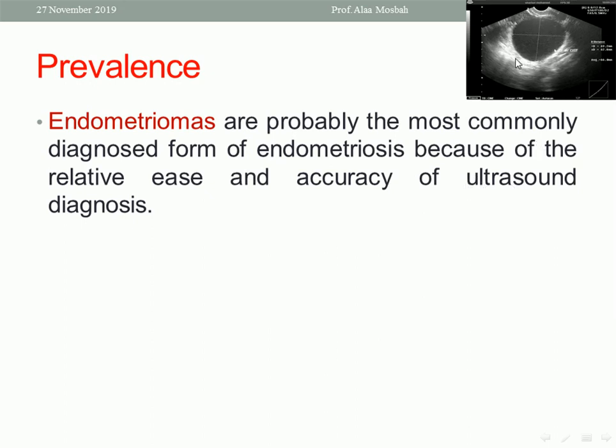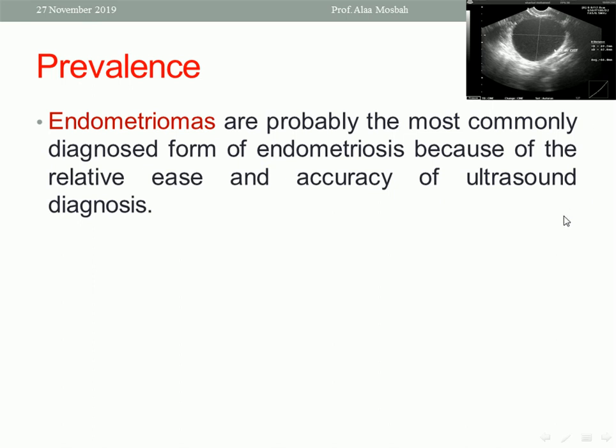As you can see in this picture, this is the characteristic ovarian endometrioma or chocolate cyst with low-level homogeneous echogenicity and hyperechogenic wall foci. This is characteristic of ovarian endometrioma. This is one of my cases. I did transvaginal ultrasound and the diagnosis was confirmed by laparoscopy later on.